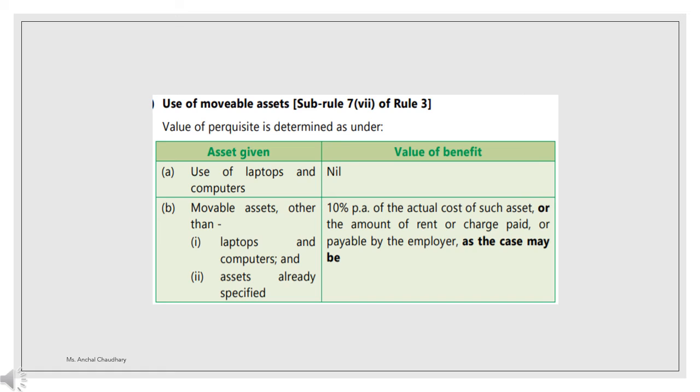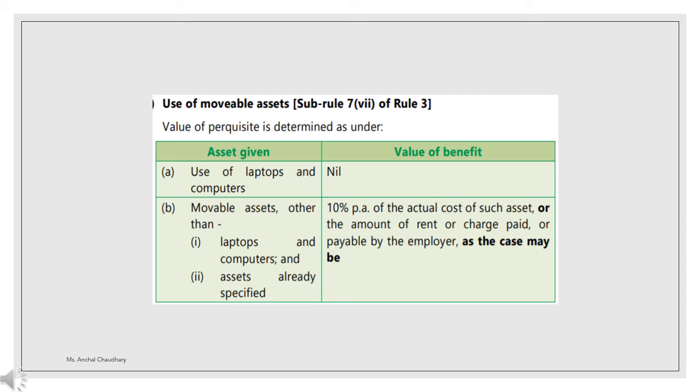Use of movable assets. If an employee is using any kind of movable asset, in that case the value of perquisite will be determined. Like use of laptops and computers is allowed, because it is assumed that the employee is using the laptops and computers for the purpose of completing his employment work.